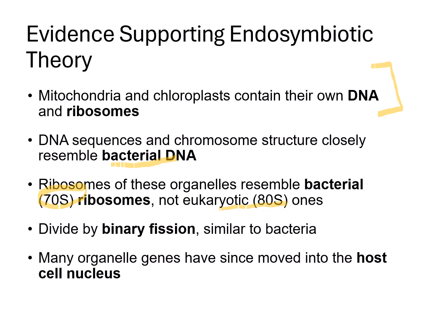These organelles also divide by binary fission, just like bacteria, rather than through mitosis or meiosis like eukaryotes. And many of their genes have since moved into the host cell nucleus, the eukaryotic nucleus.